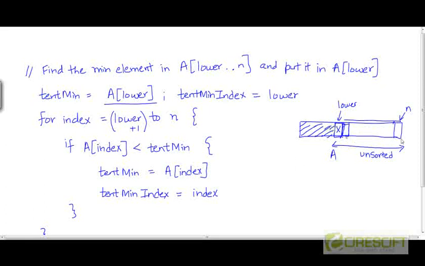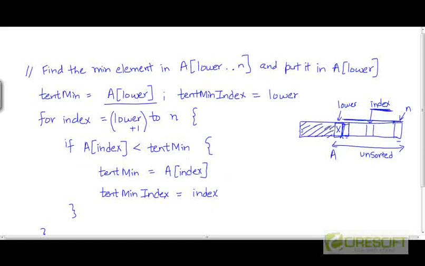We're going to scan this portion sequentially, and every time we look at an element, we check. Let's say we are examining the element at an index given by this variable index, which is being incremented from lower plus 1 to n.